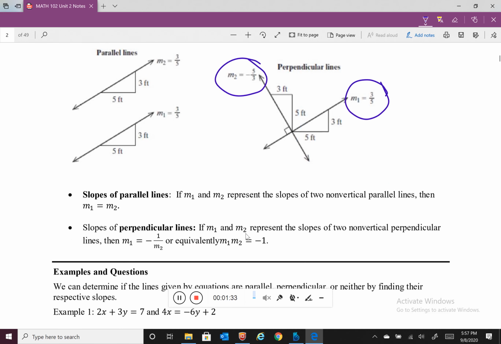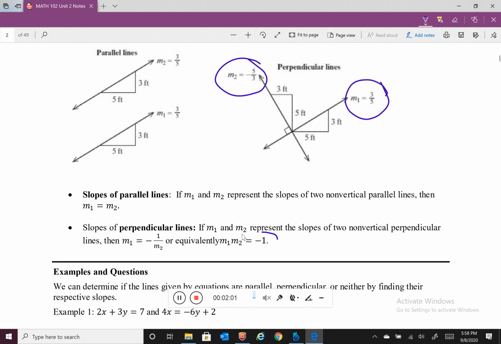So below we have slopes of parallel lines. If m1 and m2 represent the slopes of two non-vertical parallel lines, then m1 equals m2. Slopes of perpendicular lines: m1 and m2 represent the slopes of two non-vertical perpendicular lines if the slope of one line is the negative reciprocal of the other.